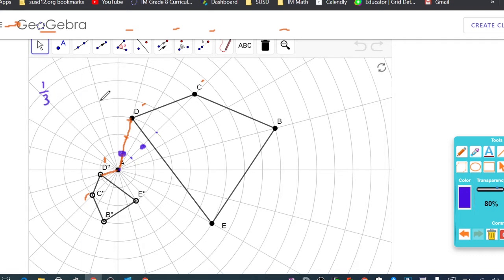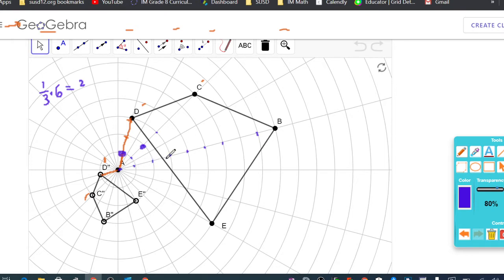So if that was 6 units from the origin, then 1/3 multiplied by 6 equals 2. Okay? You can do the math. I'll keep going. How many units away is B? Let's count. 1, 2, 3, 4, 5, 6, 7, 8, 9 units away.